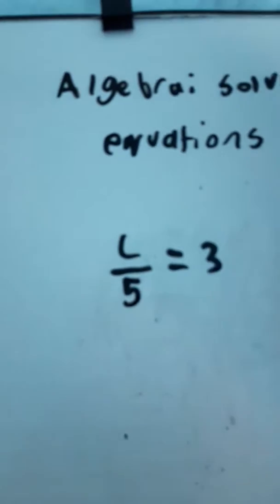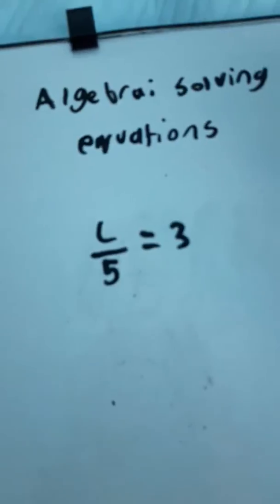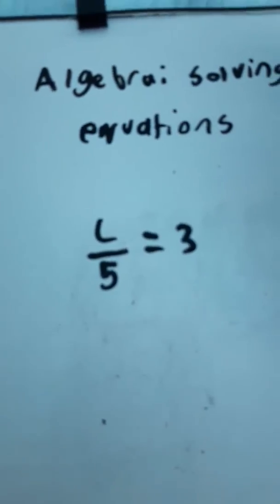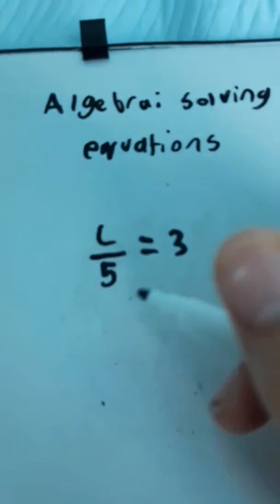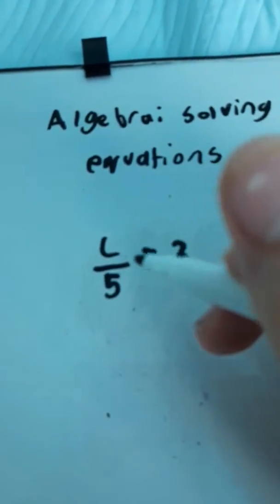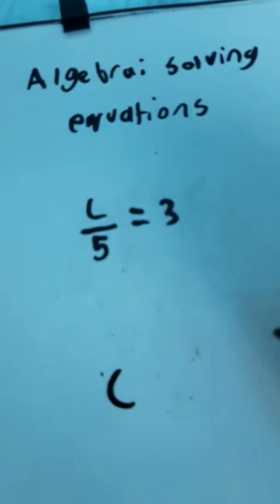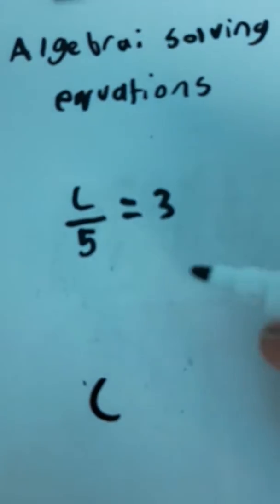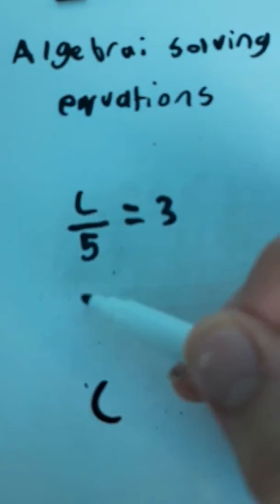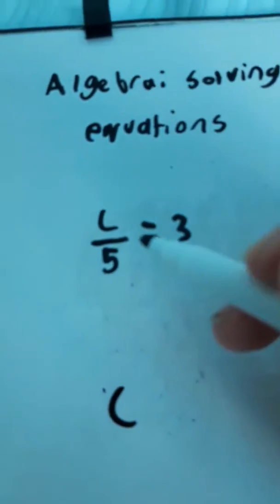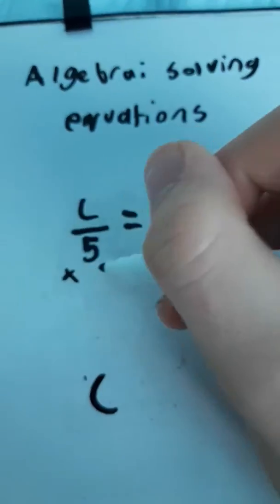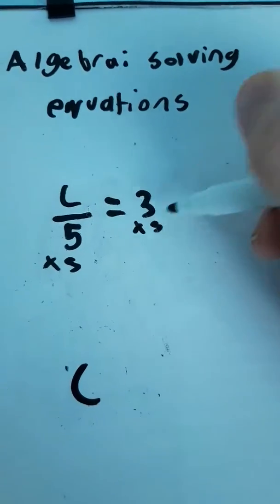Our next example is c divided by 5 equals 3. Once again, you want to get letters on one side and numbers on the other, which in this case c is the letter. So instead of dividing c by 5, you want to multiply it by 5. So times 5, times 5.